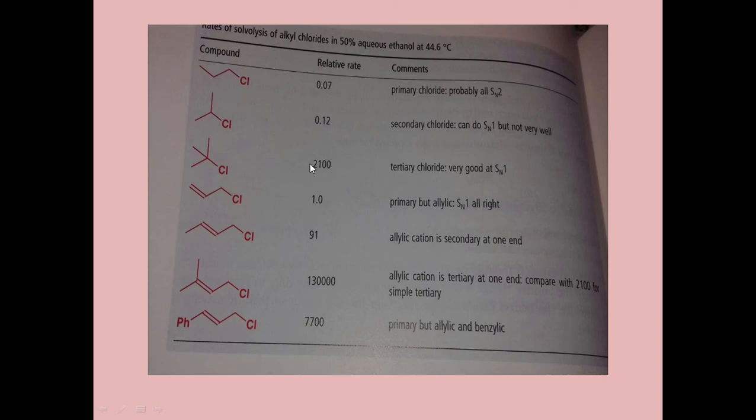It means if you compare this tertiary carbocation with this tertiary allylic cation, it performs better for SN1. And now this one, where phenyl is attached. It's also primary, but allylic and benzylic both are there. But remember that this allylic cation, which is tertiary at one end, performs better than tertiary.